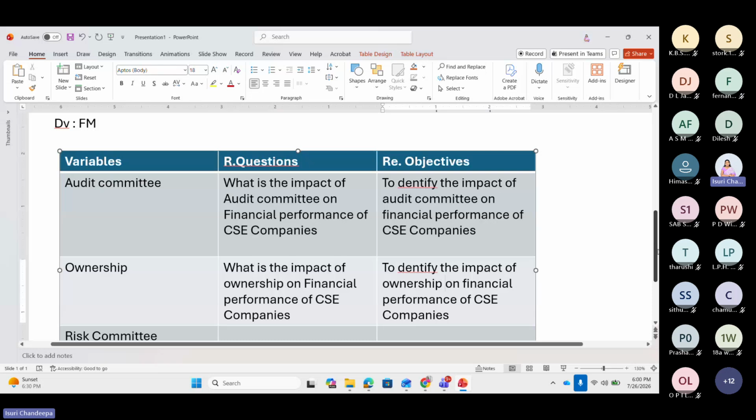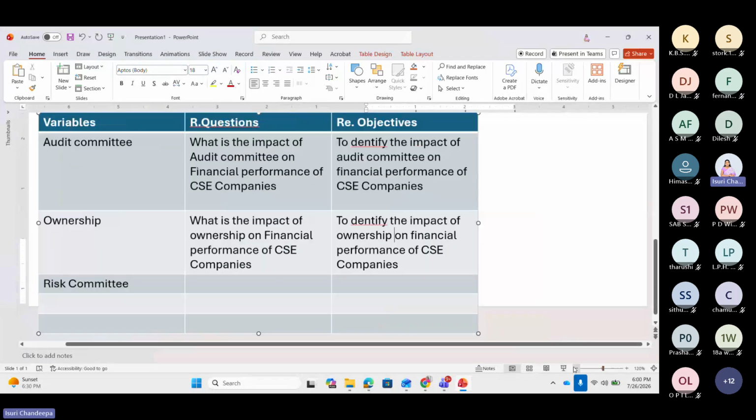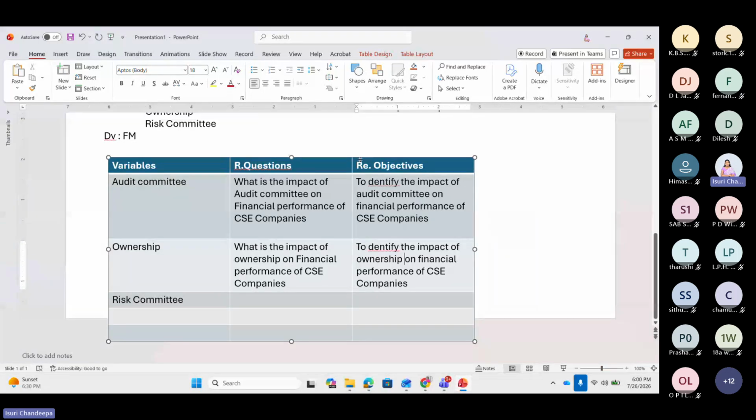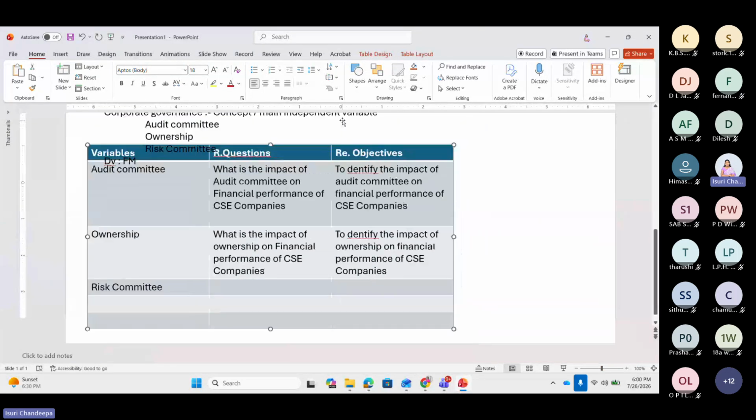Same like this, develop the conceptual framework as well. Sometimes it might be there or might not be there. I have 3 variables in my conceptual framework.